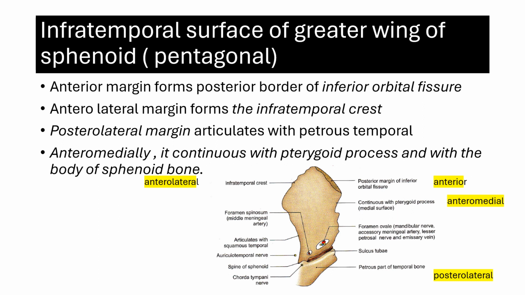The posterolateral margin articulates with the petrous temporal, or we can say the petrous part of the temporal bone. And anteromedially, it continues with the pterygoid process and with the body of the sphenoid bone. This is all we need to know about the infratemporal surface of the greater wing of the sphenoid.